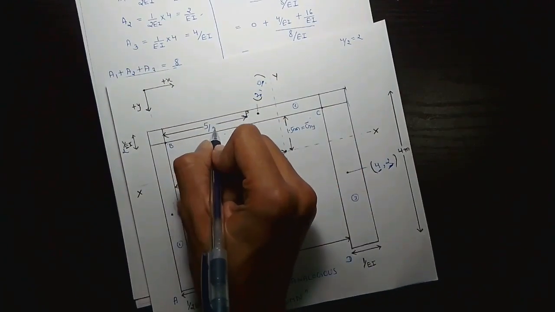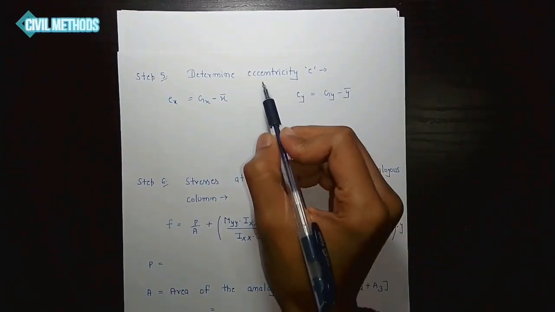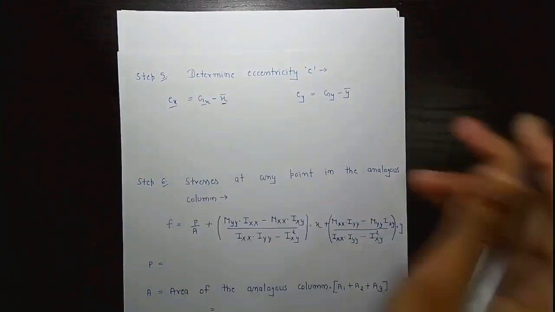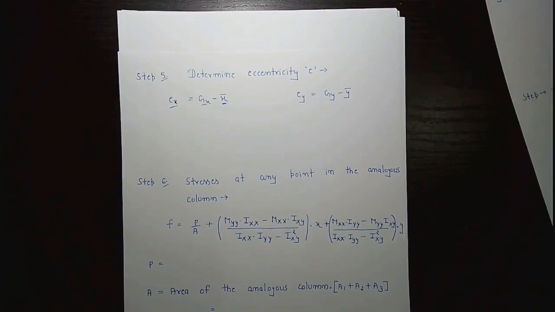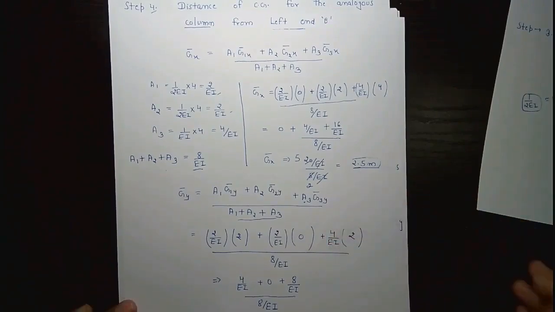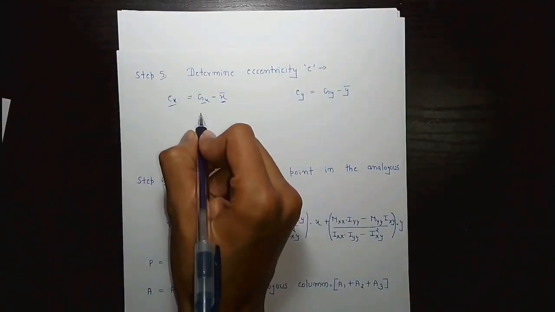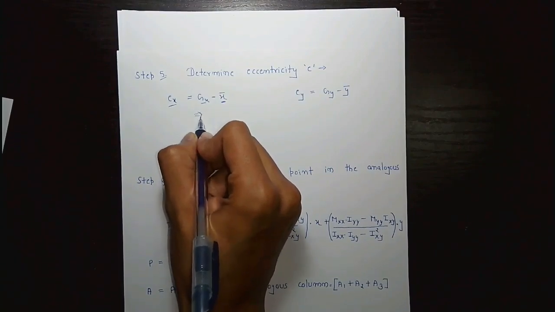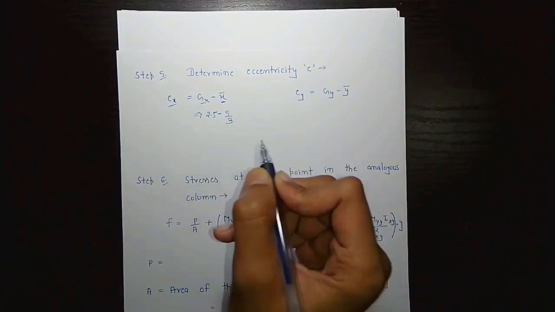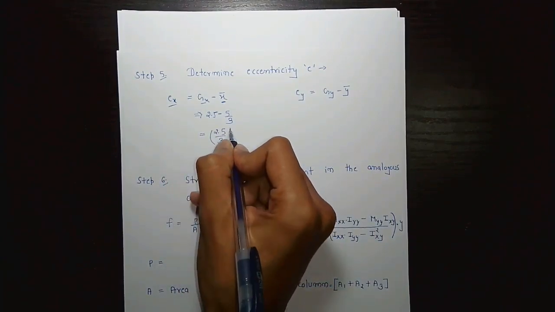Now step 5, determine eccentricity e. Eccentricity e in x direction is Gx bar minus x bar, where Gx bar is 2.5 meter and x bar is 5 by 3 meter. So 2.5 minus 5 by 3 is equal to 2.5 divided by 3.